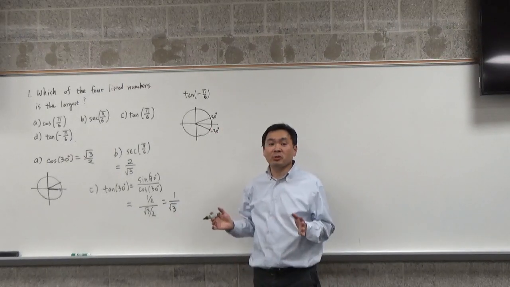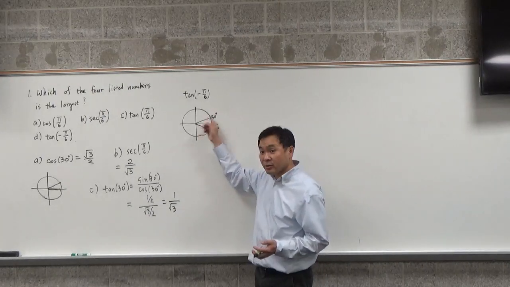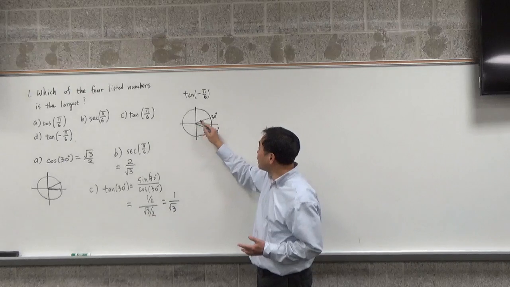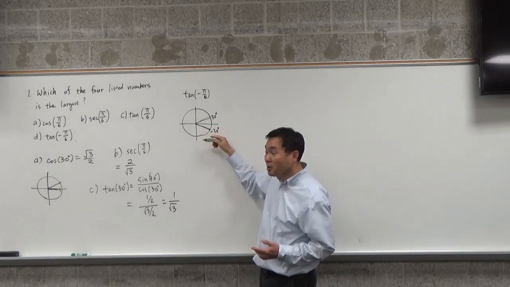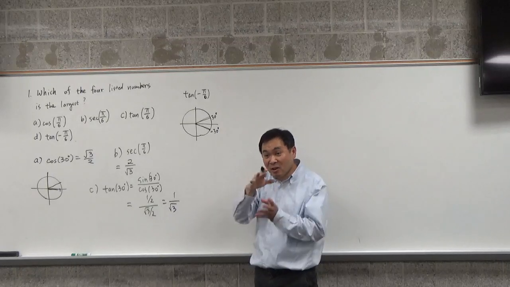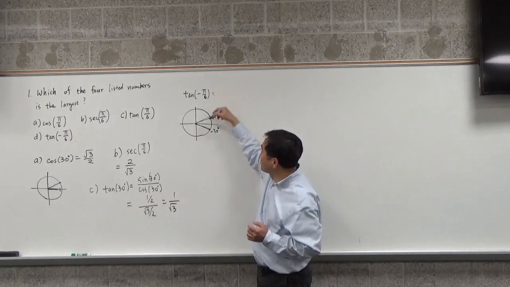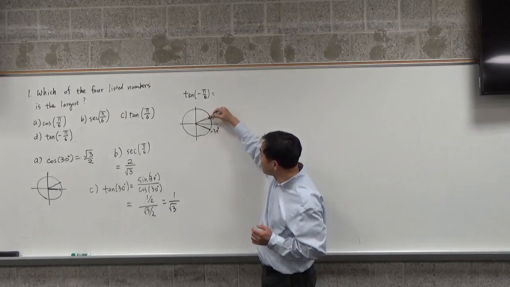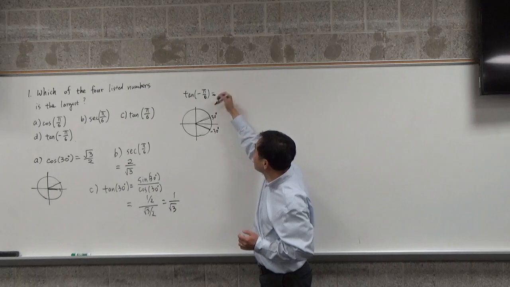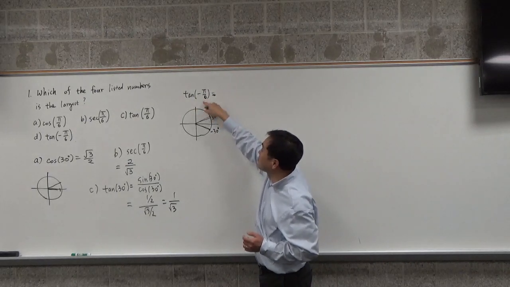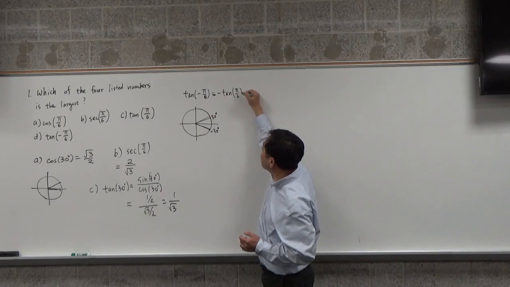And what's the geometric meaning of the tangent? It's the slope of this ray. This has positive slope, that has a negative slope, so tangent of negative of an angle will be negative of tangent of pi over 6.